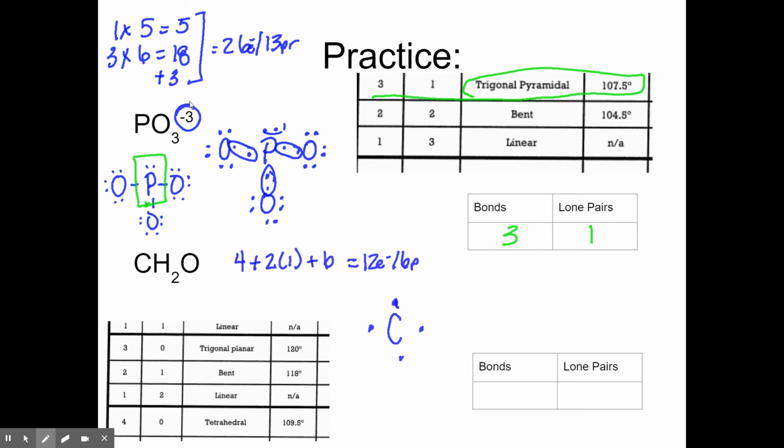Start by drawing our 4 electrons for carbon. Place our 2 H's. 1, 2. Show where those bond. Then we have our O. Our O has 6 valence electrons. So they have to match up twice.